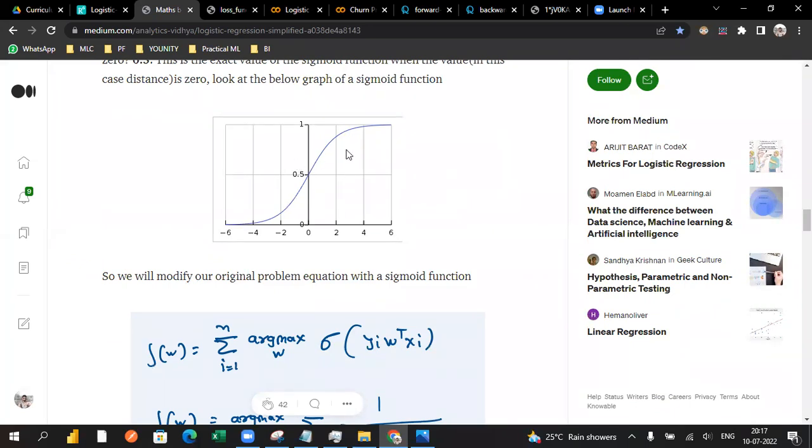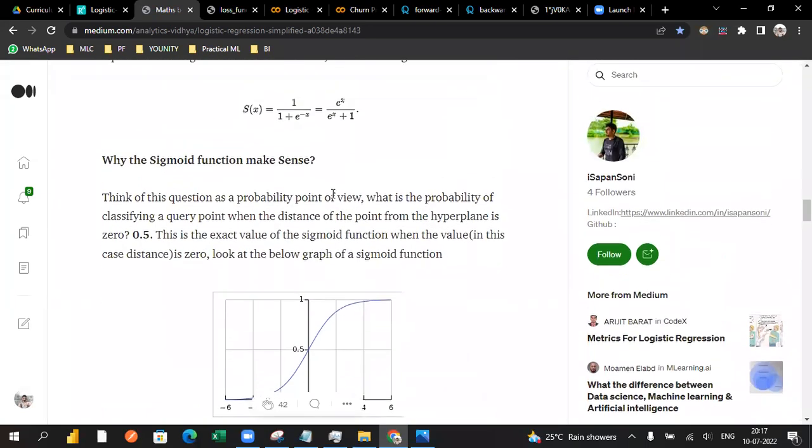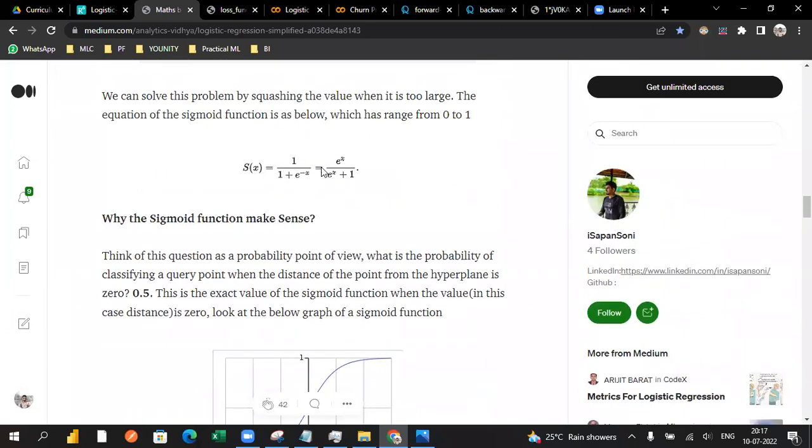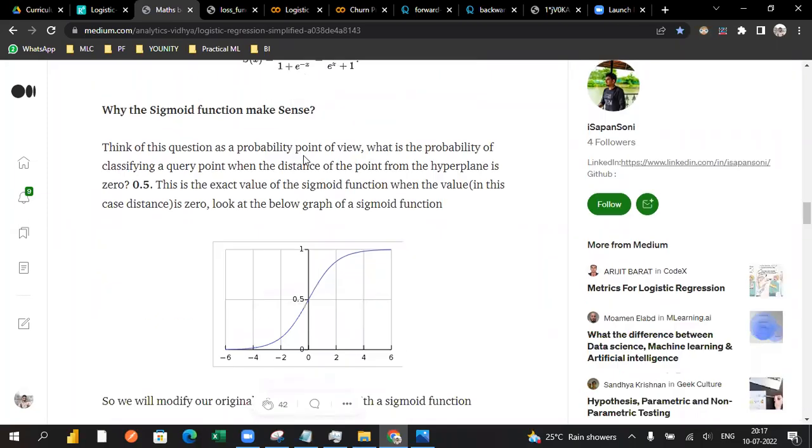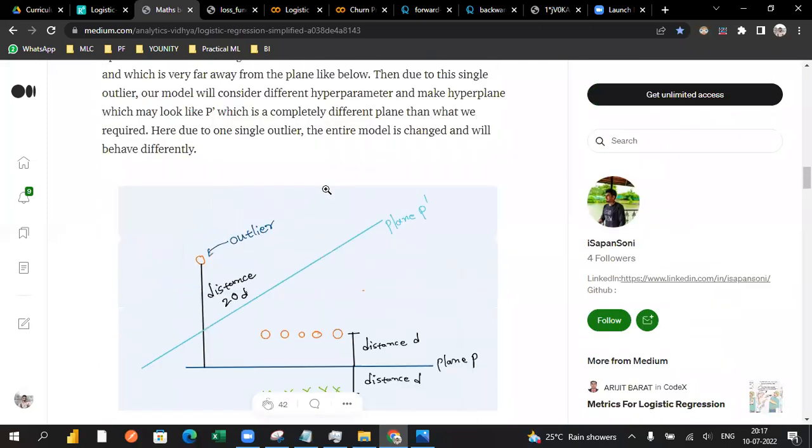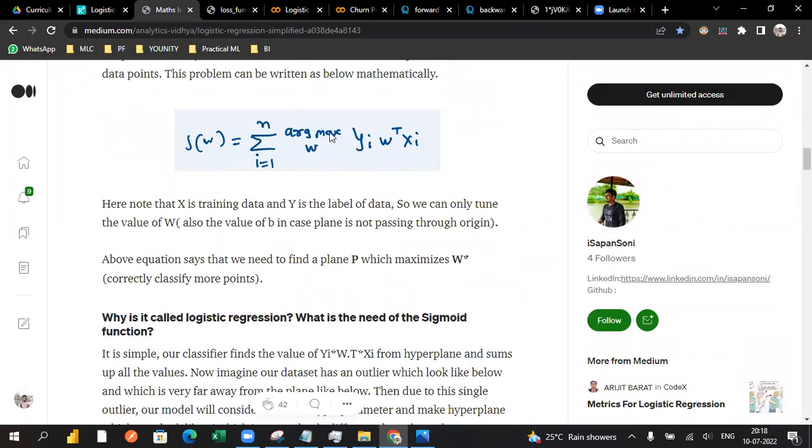sigmoid function. The function definition is as follows: 1 by 1 plus e to the power of minus x. In this case, we apply whatever x we have, like y into w transpose xi. If you substitute in our formula, you have argmax of w of yi into w transpose xi.